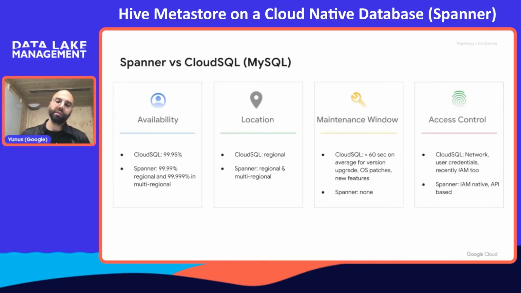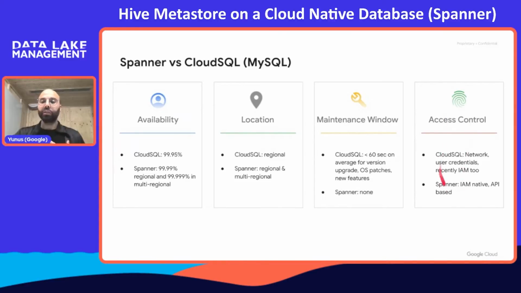Access control: Cloud SQL is based on normal MySQL, so it's user credentials all the way. Recently, we added IAM support too, but user credentials is still the default one. And you need a network connection for Cloud SQL, which means you need to open firewalls, etc. But Spanner is IAM native, so it provides GCP IAM by default, and it's API based.